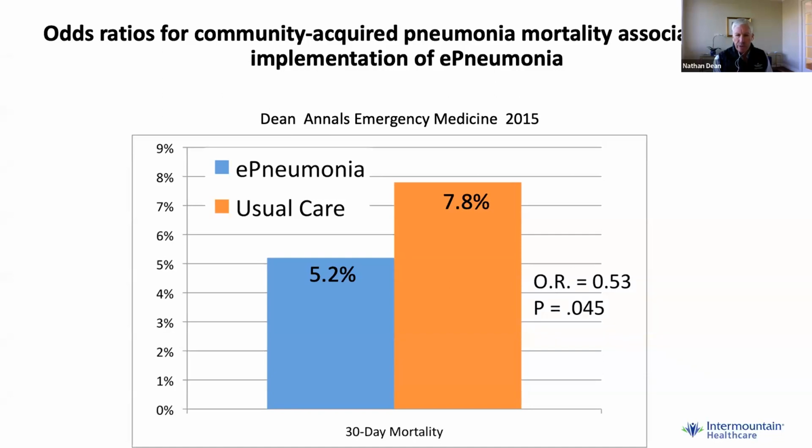These 7 hospitals had about the same mortality during the baseline year, but when we compared 30-day all-cause mortality after we had deployed e-pneumonia, you can see a statistically significant drop of 2.6% absolute mortality at 30 days. Next slide.